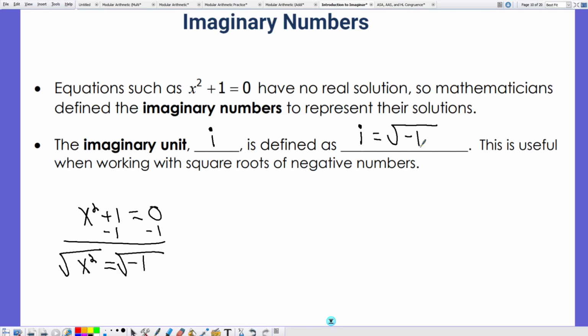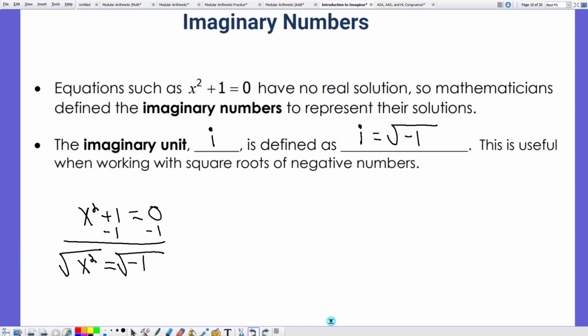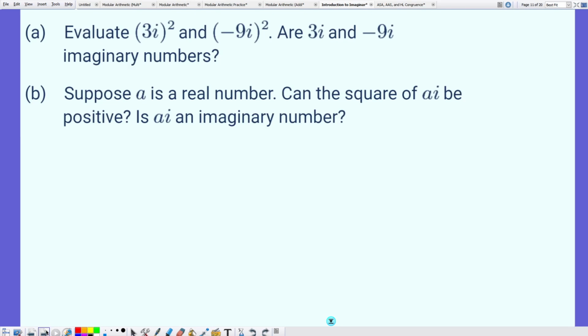It's the solution to this problem. We simplify the square root of x squared, well, it would become x is equal to i, simply i. And it ends up being super useful. I mean, it sounds weird, imaginary numbers, but they have so many real world applications that it's almost hard to even list them all. So let's start with some of these problems.